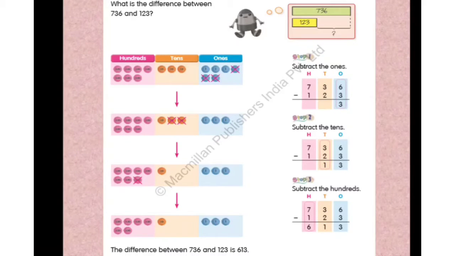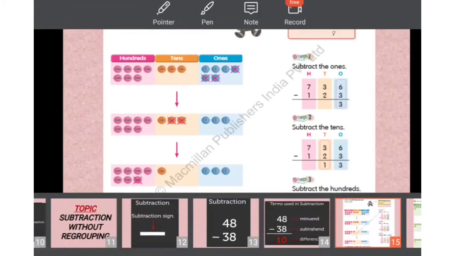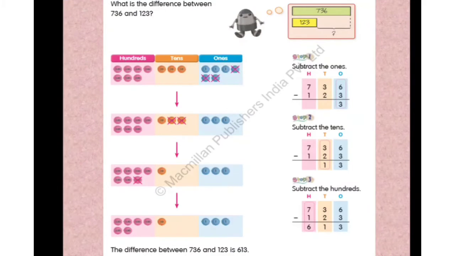We have 7 hundreds, and we cut 1. How many are left? 6. So at the last we can say that the difference between 736 and 123 is 613. This is the full process to solve a subtraction without regrouping.